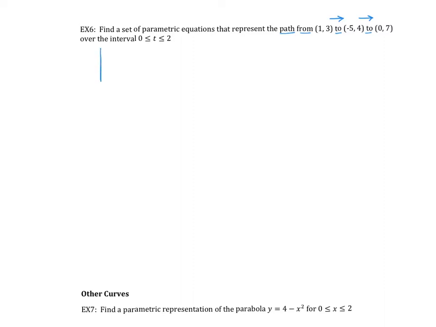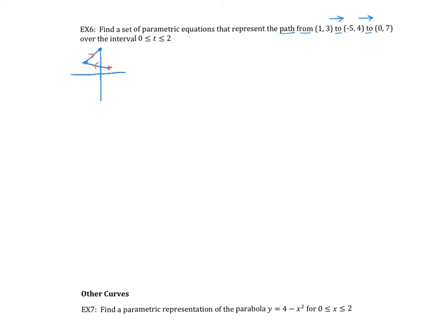Well, let me do a quick sketch of the graph, and this is not going to be to scale. Let's say I have 1, 3, and then I'm going to -5, 4, and then I'm going to 0, 7. So I'm going to have something like this. Again, definitely not to scale. I just want to get a picture in my head of what's going on here.